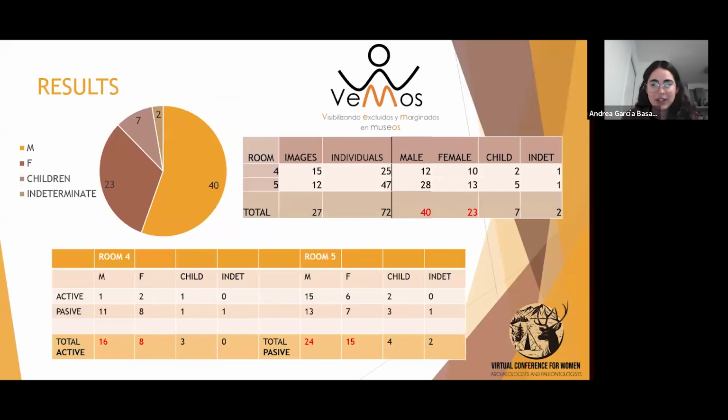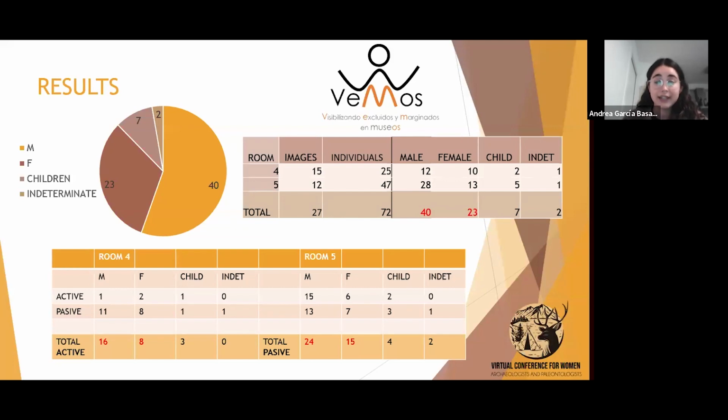Very briefly, the results. All the numbers that you have on the screen basically say how many times the individuals are represented based on sex, age, and role. As we can see in the graphic and in the purple board, most of the represented individuals in both rooms are male, or at least masculine individuals. And also most of the individuals represented, both male, female, children, etc., are in an absolutely passive role.